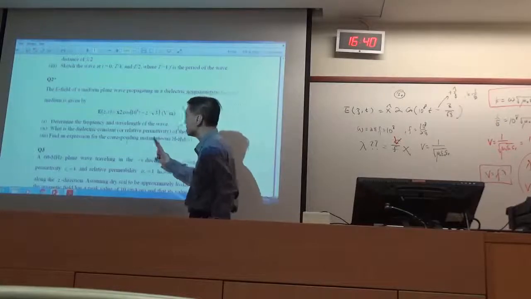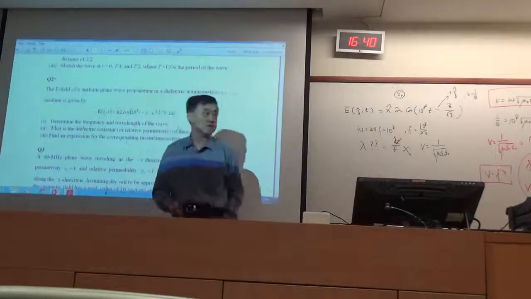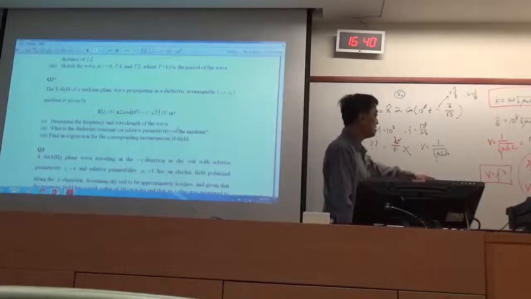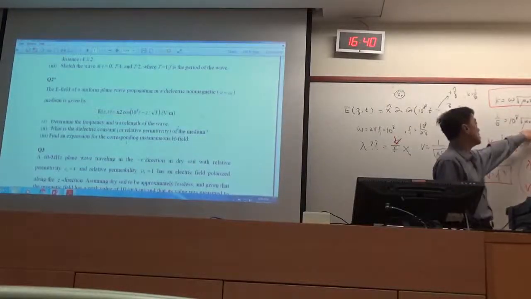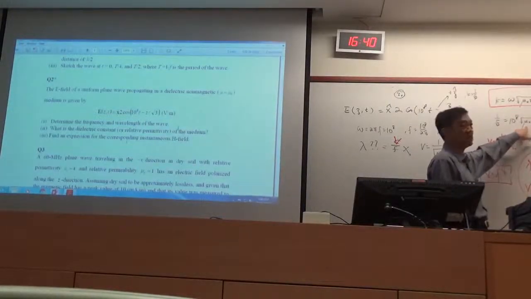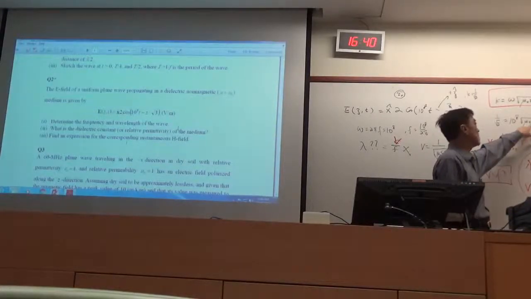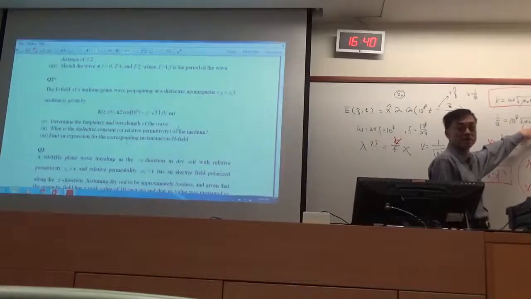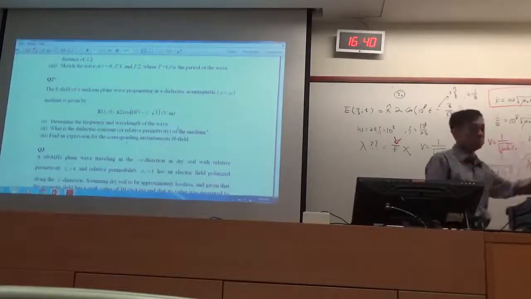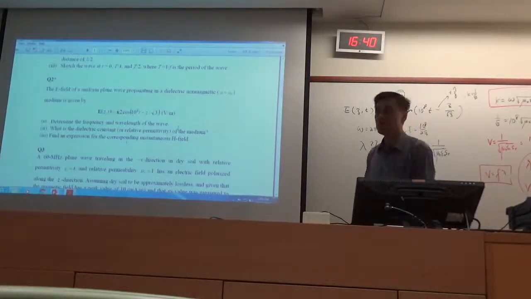Okay, the next one is the dielectric constant. Dielectric constant is here. Mu naught is given, known as 4 pi times 10 to the power minus 7. Epsilon naught is 1 over 36 pi times 10 to the power minus 9. Epsilon r can be found.